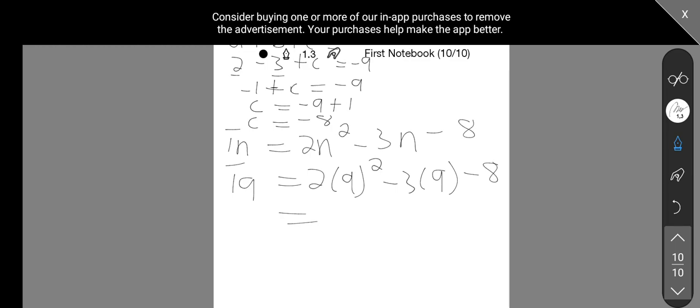That is equal to 127. This means that term number 9 is equal to 127.